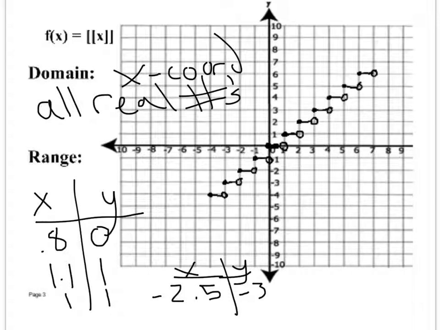It's integers. Remember, this is the greatest integer function. So my range is all integers. Whole numbers the same thing? No, because whole numbers are 1, 2, 3, 4, and 5. Integers are negative 1, 2, 3, and 1, 2, 3, 4, 5. So my range is all integers.